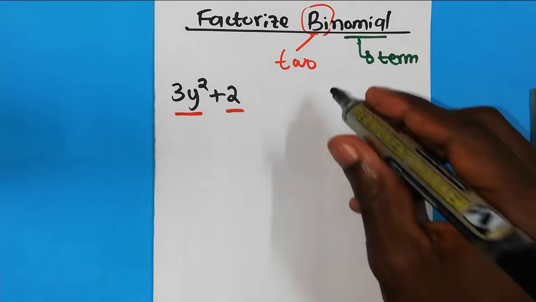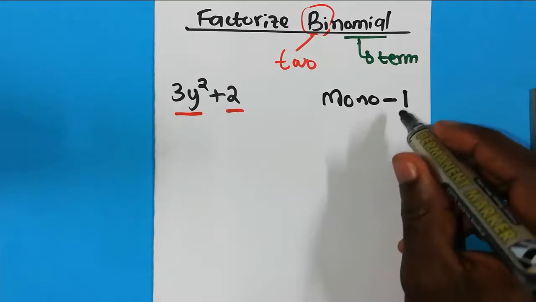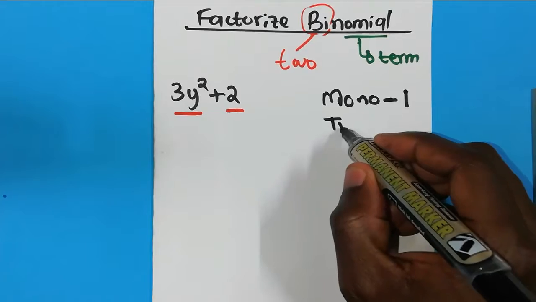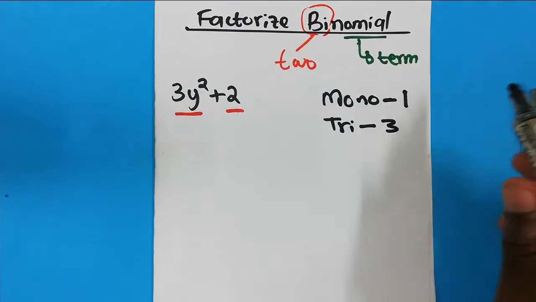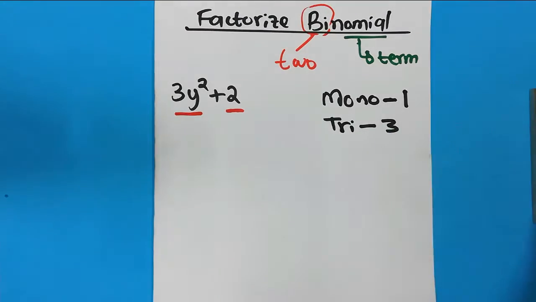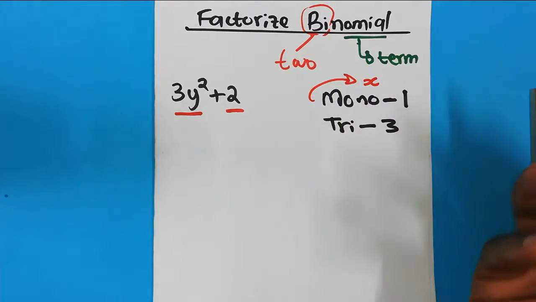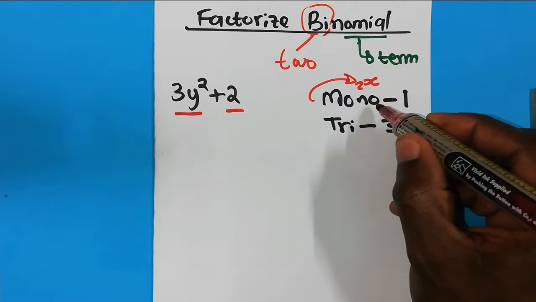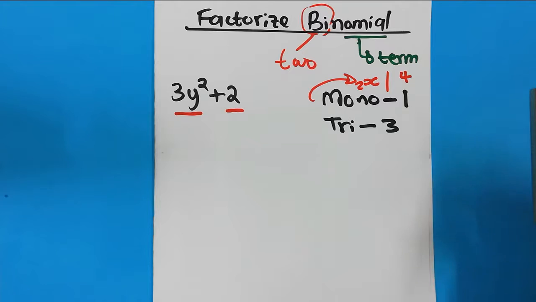You would also come across the word mono. Mono means 1, so it means 1 term, and tri means 3, it means 3 terms. An example of mono is 2x, and maybe 4 is also an example of mono because it's 1 term.